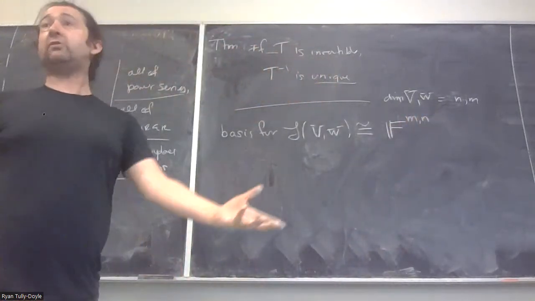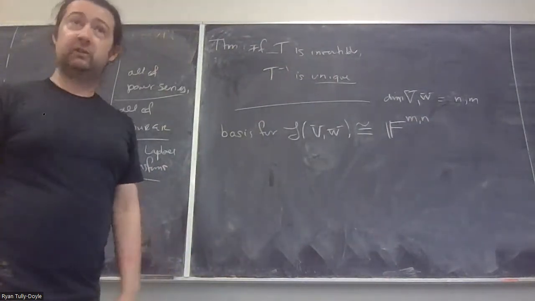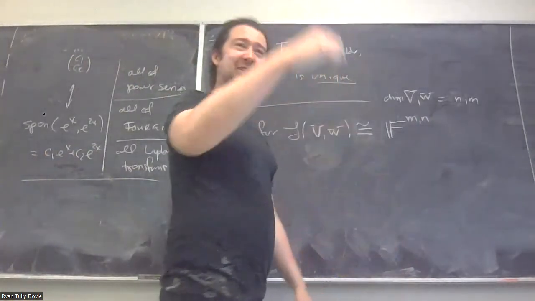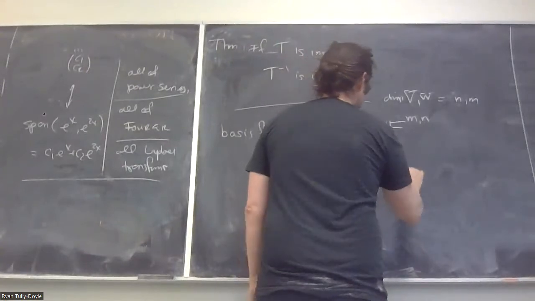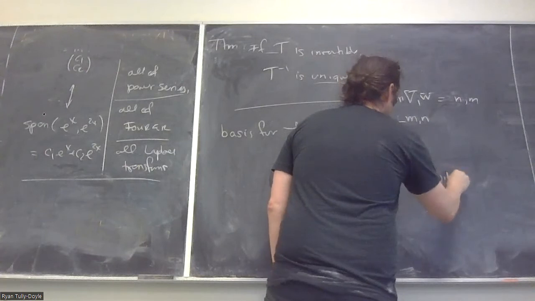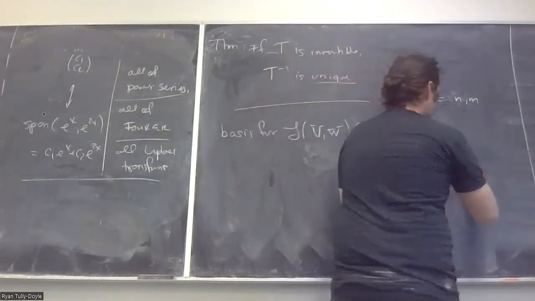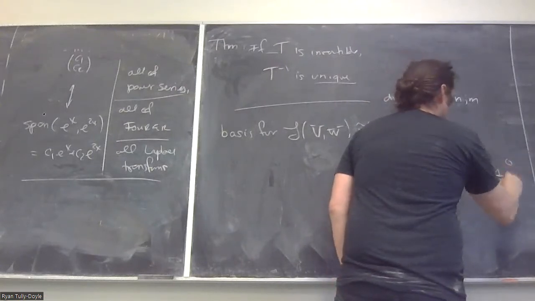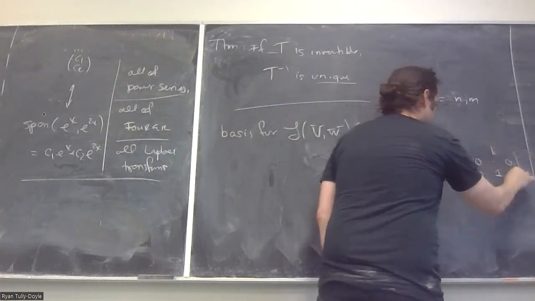F^(M×N) is a space of matrices. Do the matrices have a basis? What is it? These are called the standard basis vectors in a matrix space. E_jk is a matrix that has zeros everywhere, except for a 1 in one spot, in the jth row and the kth column.